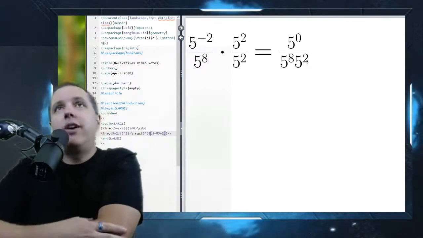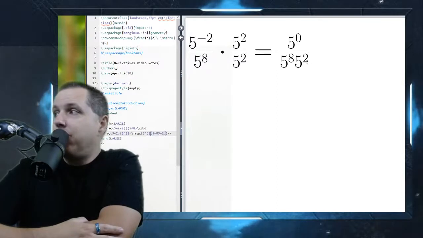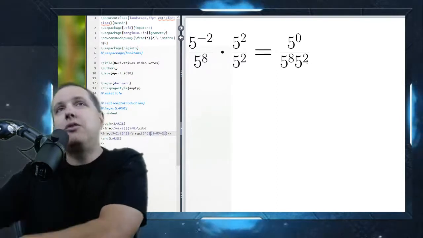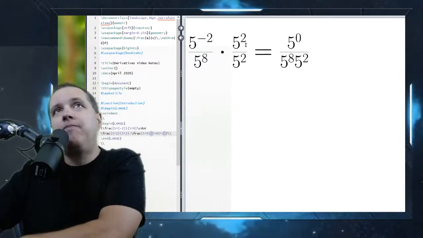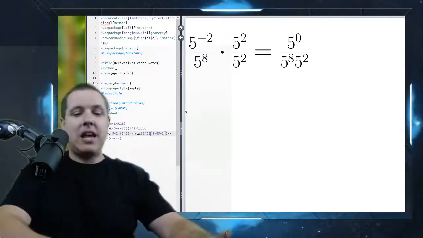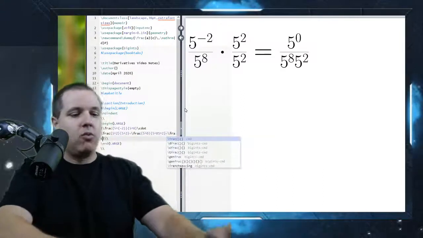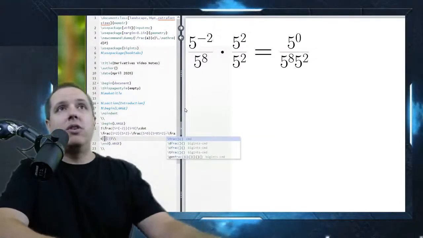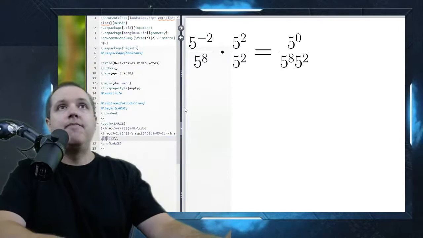If you just told someone, I moved this to where I wanted it to be because I think that's what you're supposed to do, that doesn't really explain it. What we did was we multiplied the top and bottom by 5 squared, and then we get this. So what is the next stage of simplification? Well, 5 to the 0 is 1.